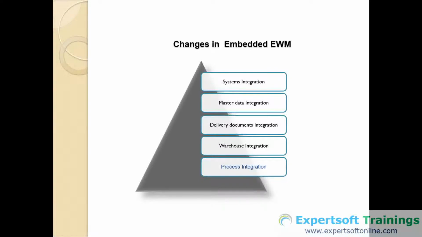We have two different landscapes, one embedded and the other decentralized. The embedded one is always an S4 system where we have both your ERP and your EWM in one instance. But in a decentralized one, your ERP is placed in a different instance and EWM is in a different instance. So this is the systems integration.